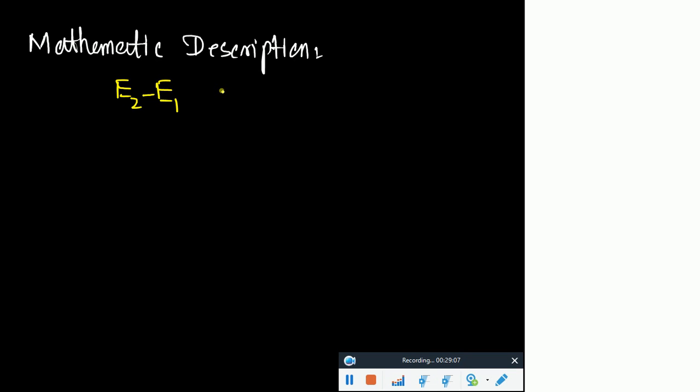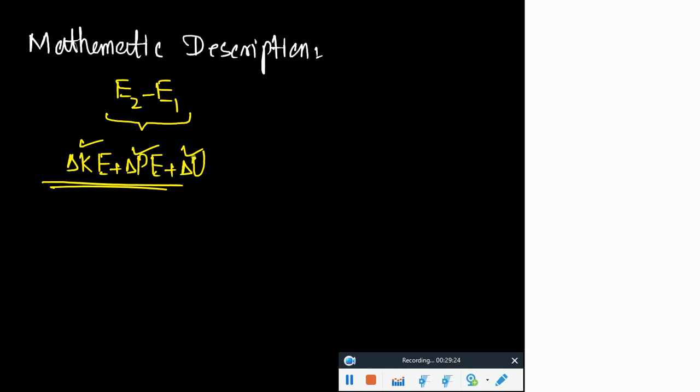And by the way, that energy content at level 1 and level 2, this is a combination of what? Remember that. All of these describe properties.